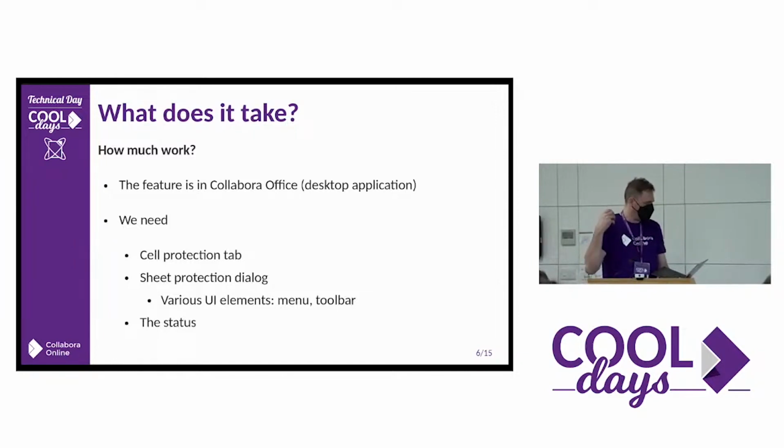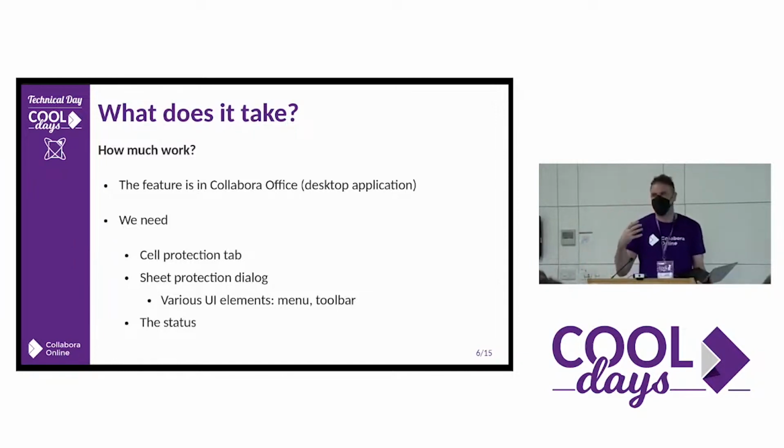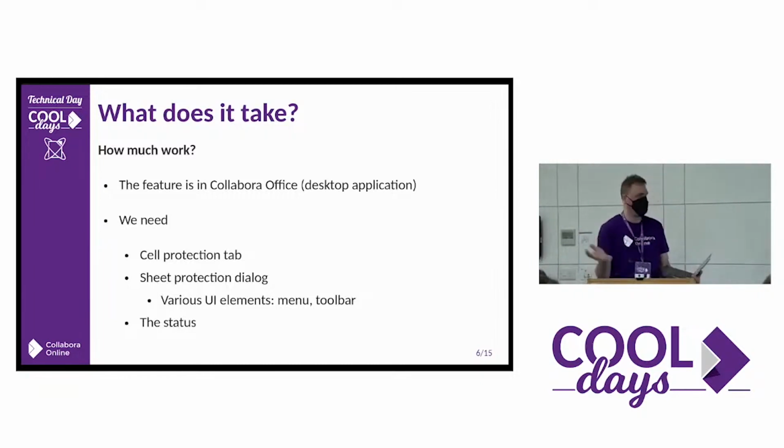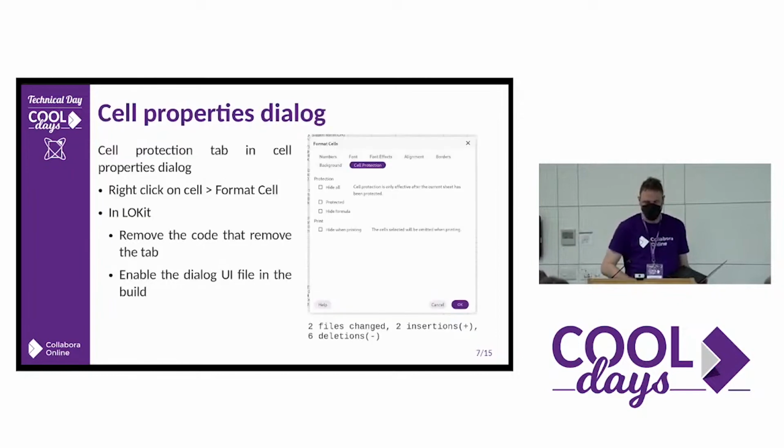And the sheet protection dialog, which is how you enable protecting the sheet, which triggers that cell protection. And then various UI elements, menu and toolbars to be able to protect the sheet, etc. And displaying the status, which is a little lock in the tab bar to indicate that the sheet is protected.